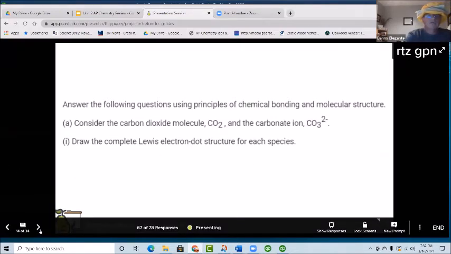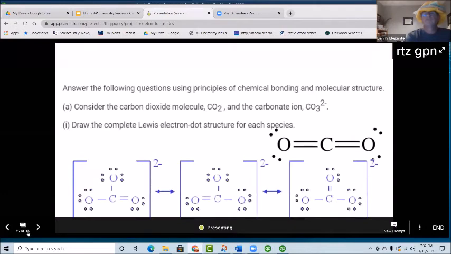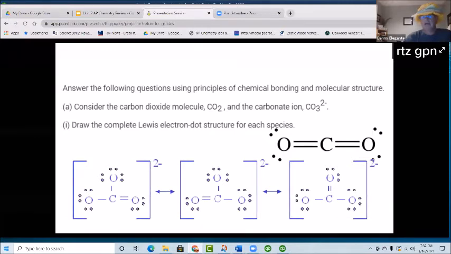All right, I just pulled these off of Google Images because I get lazy. So there's carbon dioxide in black, and there's carbonate in blue. Notice that the carbonate ion has brackets around it, and the brackets are necessary when you're doing a polyatomic ion.